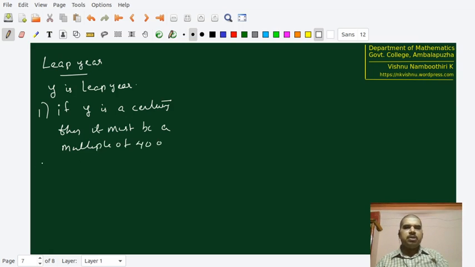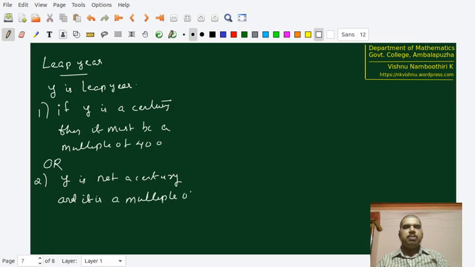That's the first condition. Or Y is not a century and it is a multiple of 4. So there are two conditions. Y is not supposed to satisfy both the conditions. If Y satisfies one of these conditions, we say that it's a leap year.